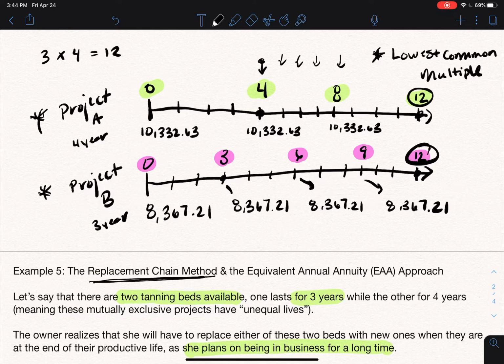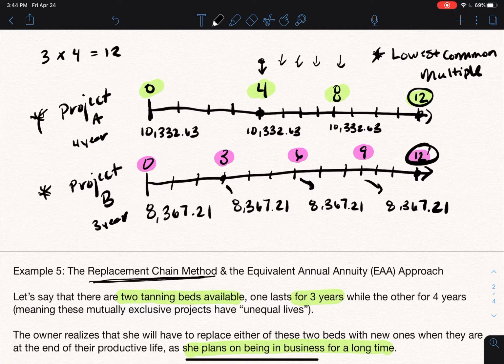So if I'm playing hypotheticals, and I'm the owner of the salon, and I go with project A, I'm going to spend 10 grand, and then I'm going to get positive cash flows for 4 years. If I discount those cash flows back to time 0, my net present value is $10,332. And if I decide to do that over and over again, then my net present values should be the same as long as my discount rate does not change.